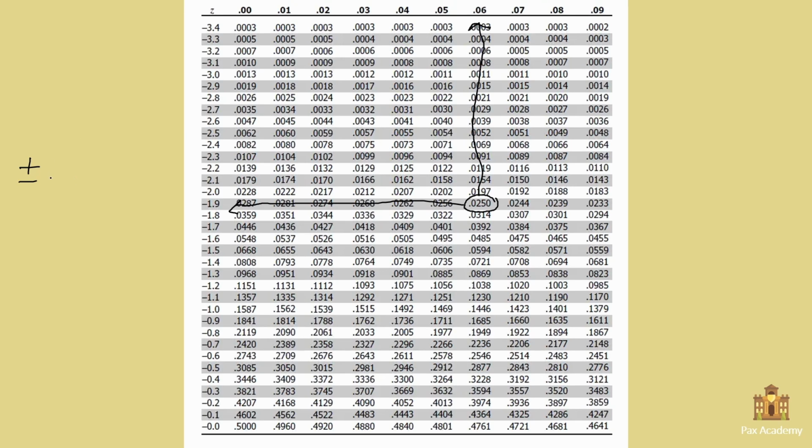Therefore, our critical value is plus or minus, because we can use this either for plus or minus, 1.96. Okay? Now, if you want to go into more detail, you take 1.9 and then you do plus the decimal place, which is 0.06. Okay? And this gives you 1.96 plus or minus.